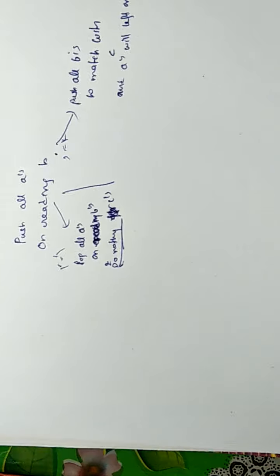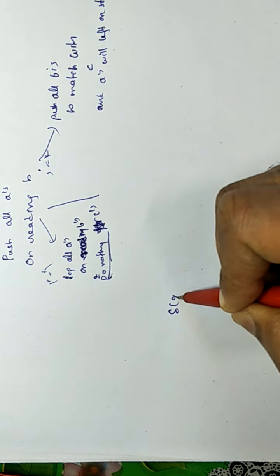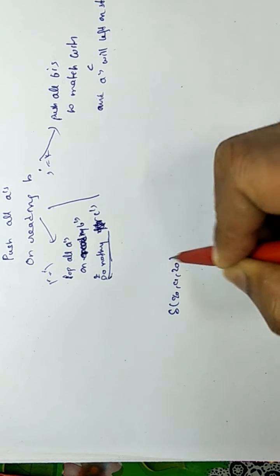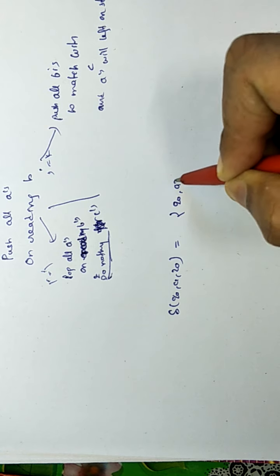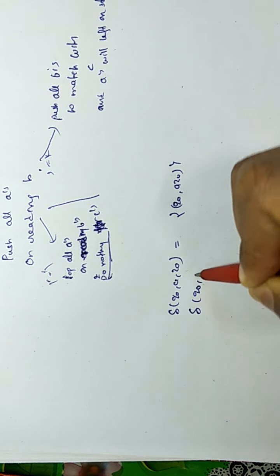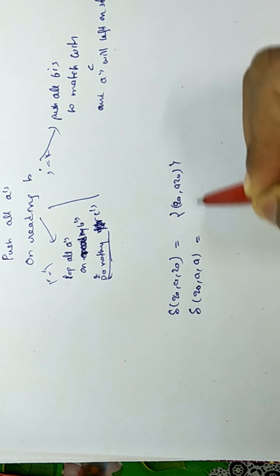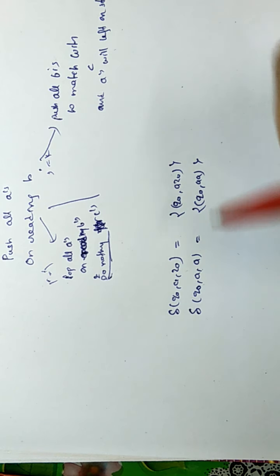So it can be designed as: start state, first a, with z0 as the stack initial symbol. I am pushing this into the stack. After pushing the first a, there can be more a's, and I am pushing all a's into the stack.